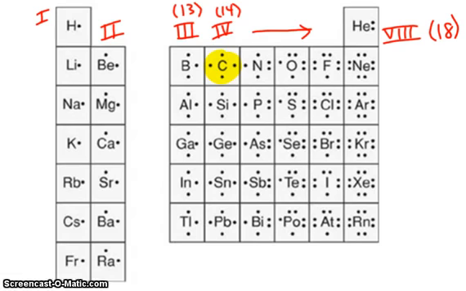Once we get to 5, 6, and 7, the next couple groups, you start doubling up. But it doesn't matter which side you double up on. Here we see that the double is on the right-hand side. You could have the double on the top or the bottom or the left-hand side. Does not matter. When you have 5 valence electrons, there's 3 single dots and a double dot.